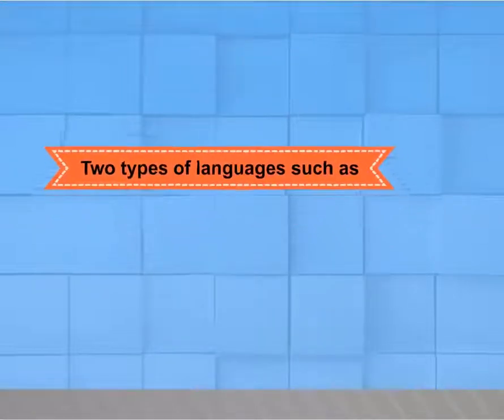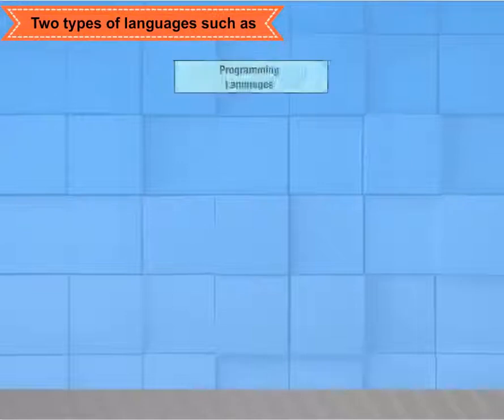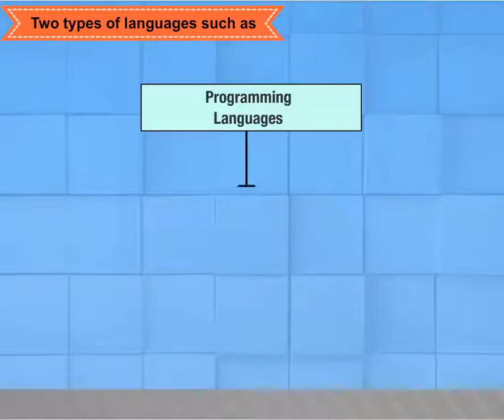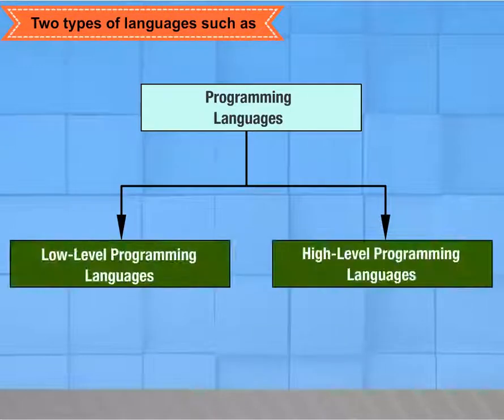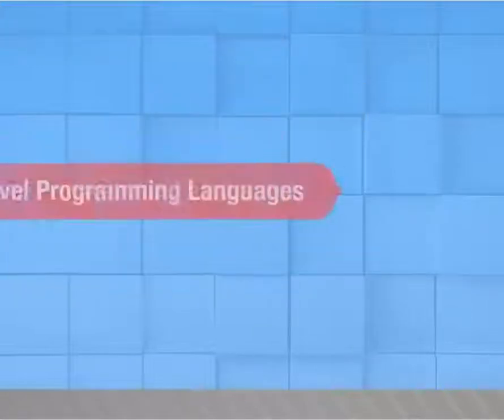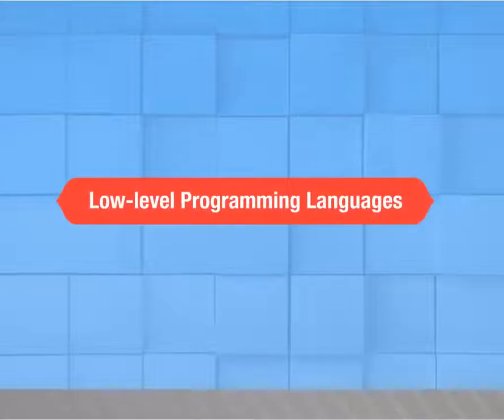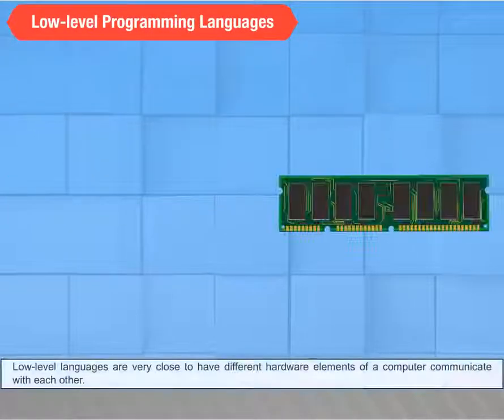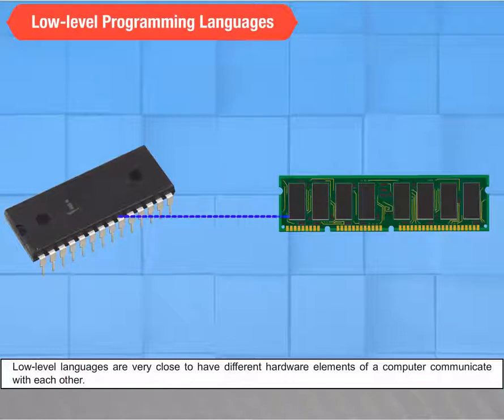There are two types of languages: low-level programming languages and high-level programming languages. Low-level programming languages. Low-level languages are very close to how different hardware elements of a computer communicate with each other.